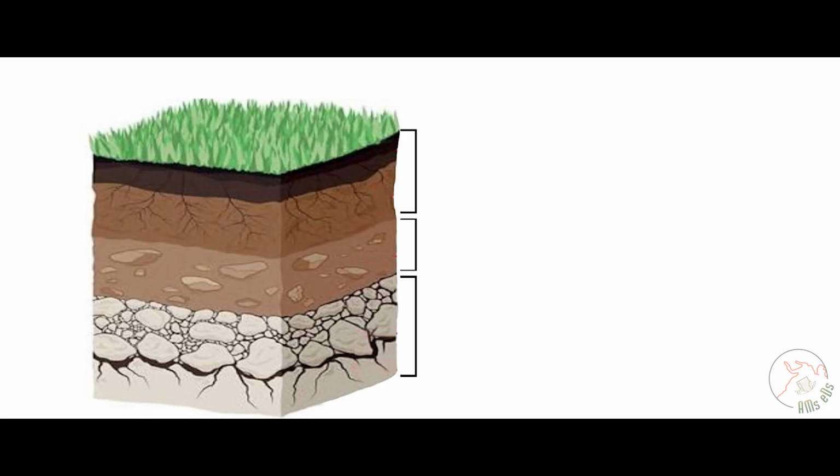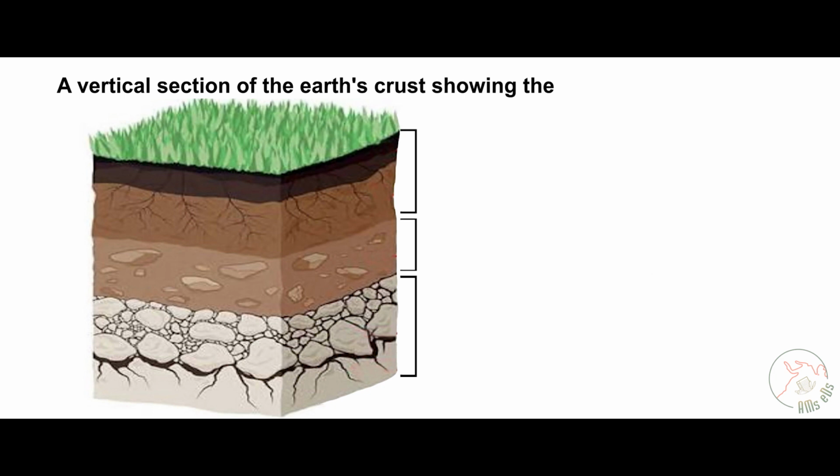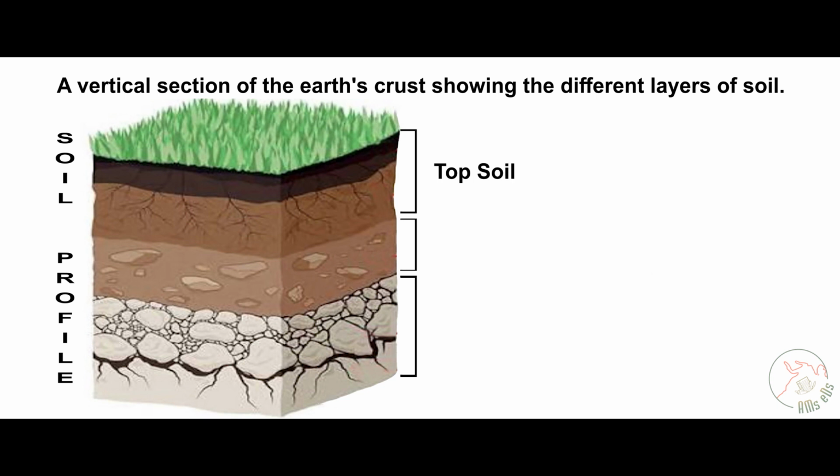So, a vertical section of the Earth's crust would show us the different layers of soil, and that is what we call as the soil profile. Soil consists of two major layers, the topsoil and secondly the subsoil. Beneath these, we have the solid rock layers.